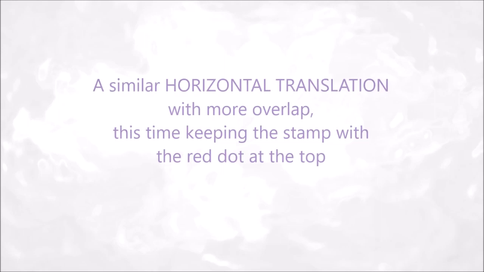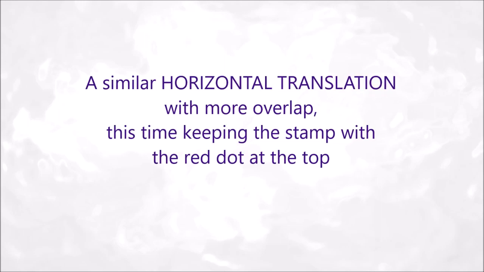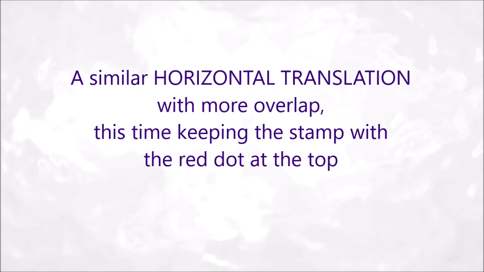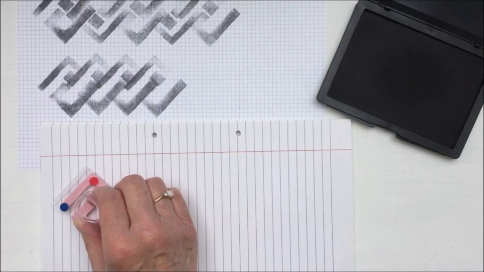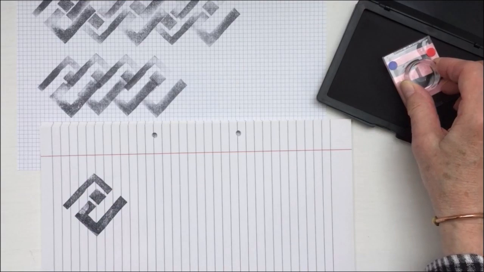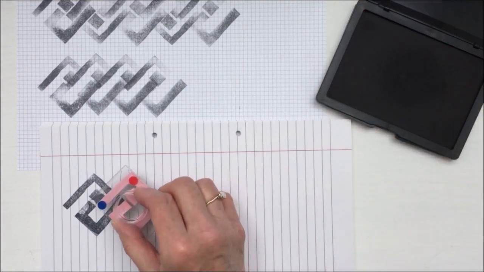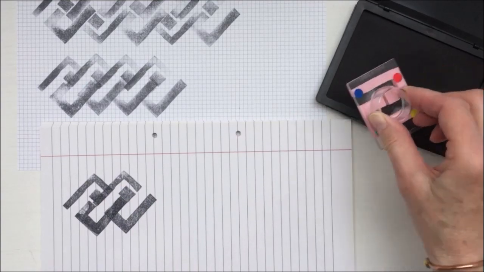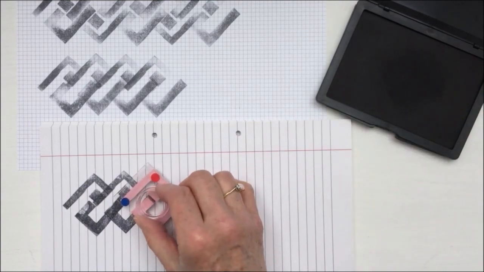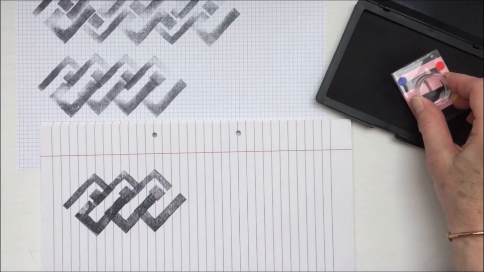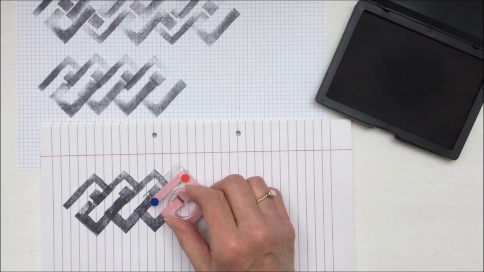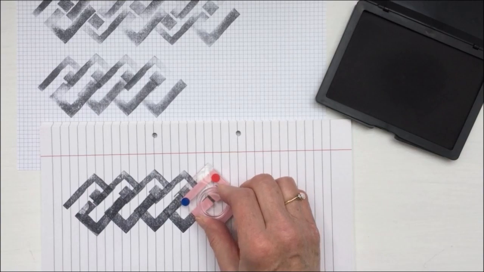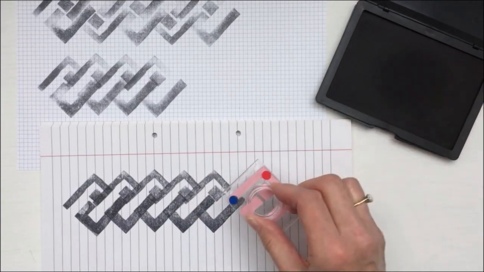A similar horizontal translation with more overlap, this time keeping the stamp with the red dot at the top. But you see, the more you overlap, the more you lose the pattern.